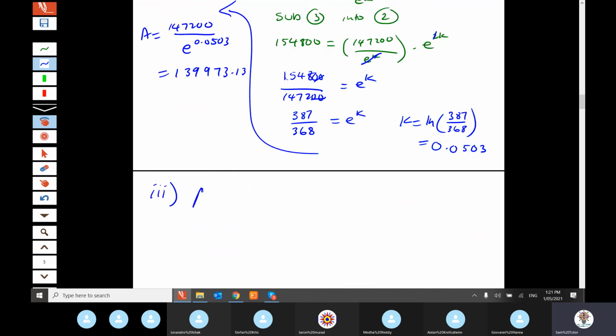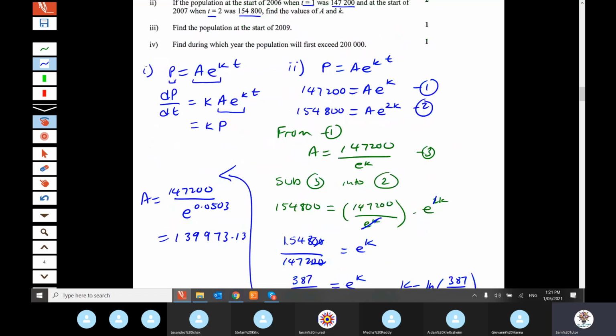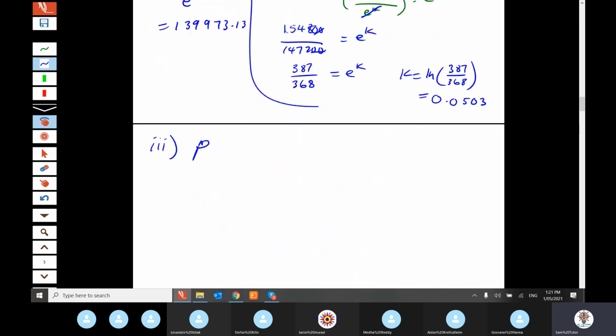P equals A e^(kT). A we have 139,973, k equals 0.0503, T equals 4. And then you'll get your population at the start of 2009.